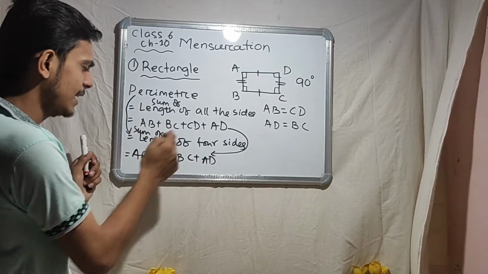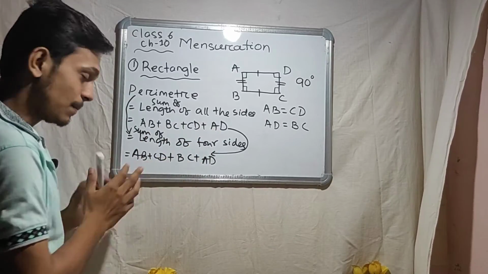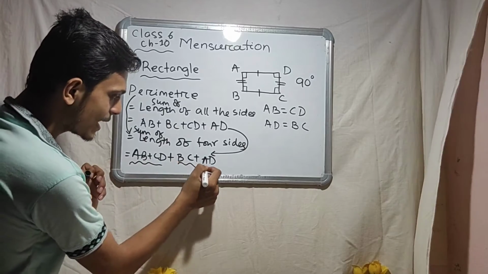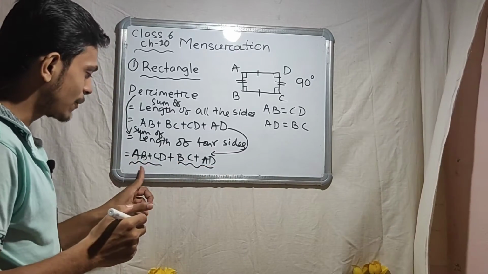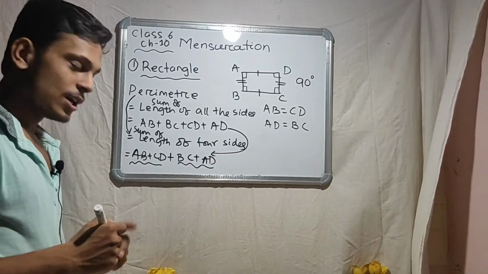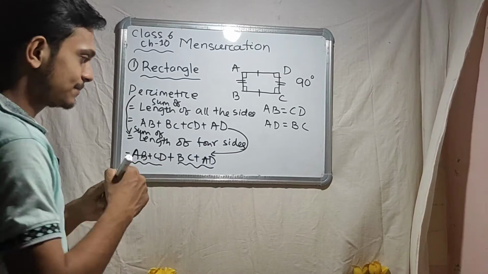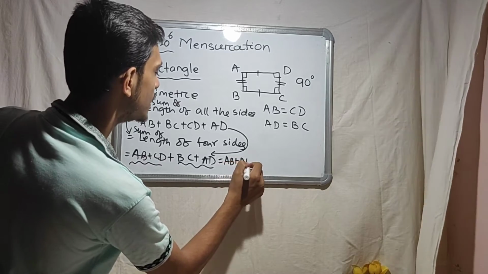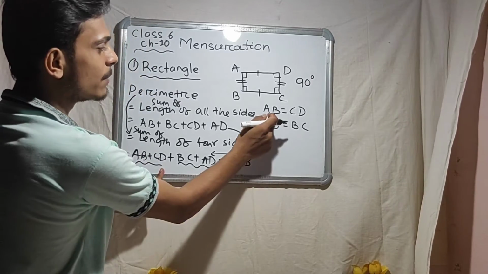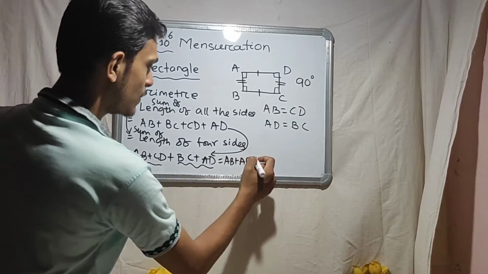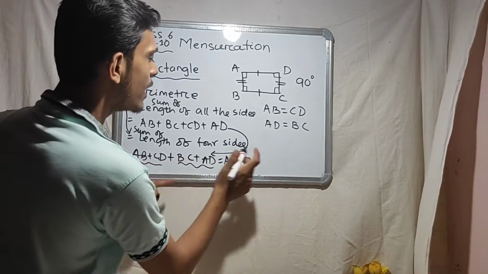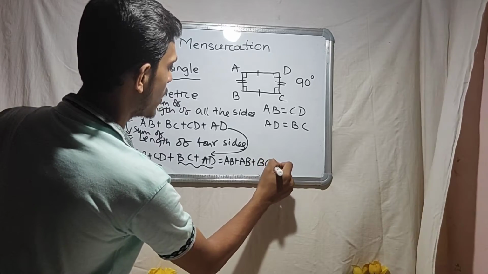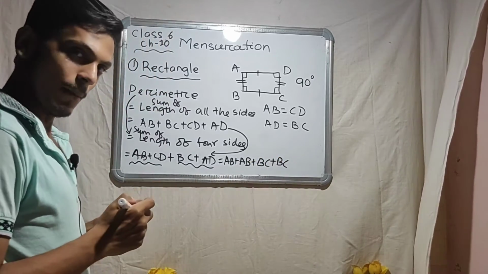But see, AB equals CD and BC equals AD, so in place of CD I can write AB, and in place of AD I can write BC. Clear my point? So AB plus AB, and BC plus BC.